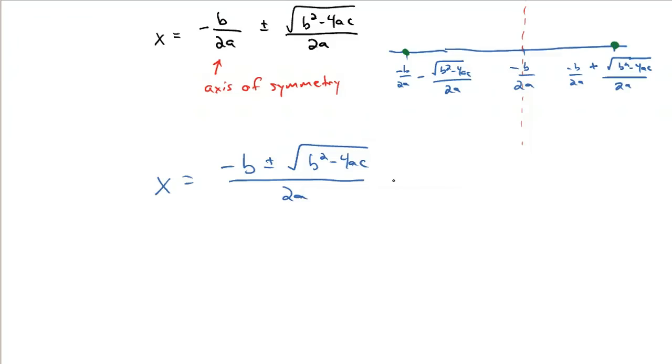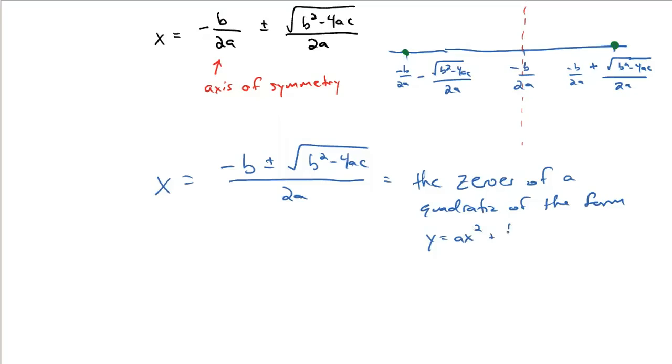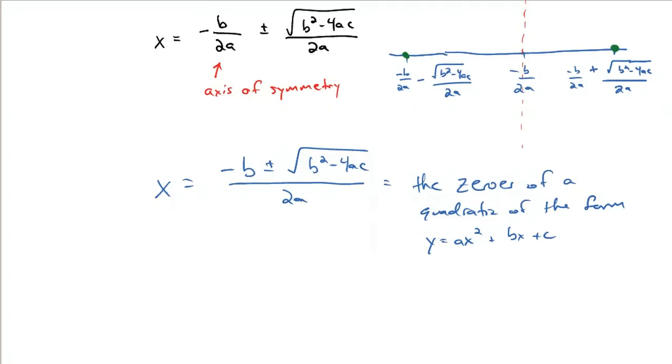What it produces are the zeros of a quadratic of the form y equals ax squared plus bx plus c. Okay, so that's the proof of the quadratic formula.